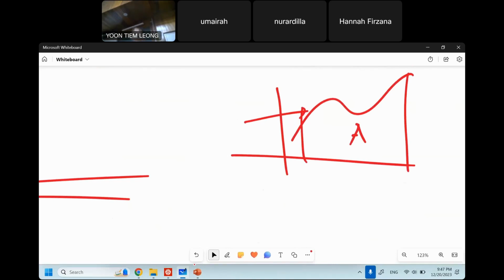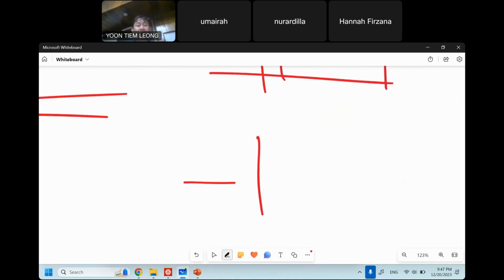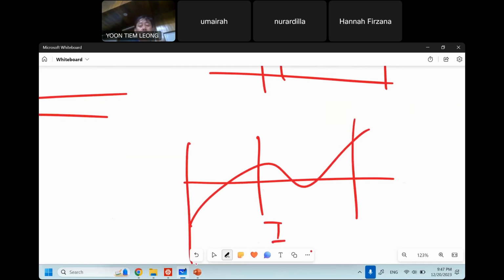or you have a situation that looks like this, where the function within the interval of interest has positive values as well as negative values. So in this particular case, you also cannot use the geometrical approach of calculating the area under the curve to represent the Riemann sum directly.